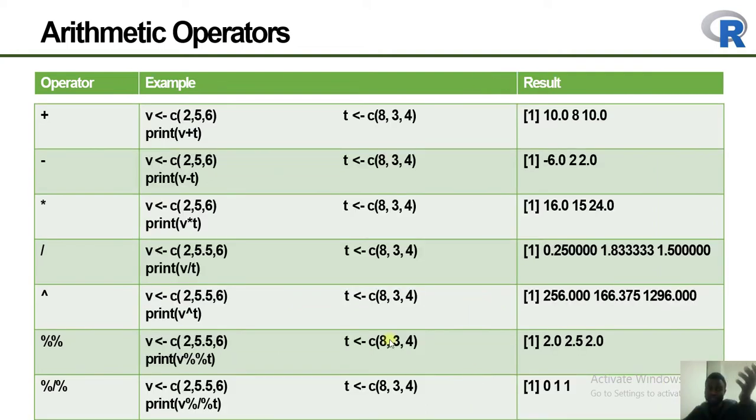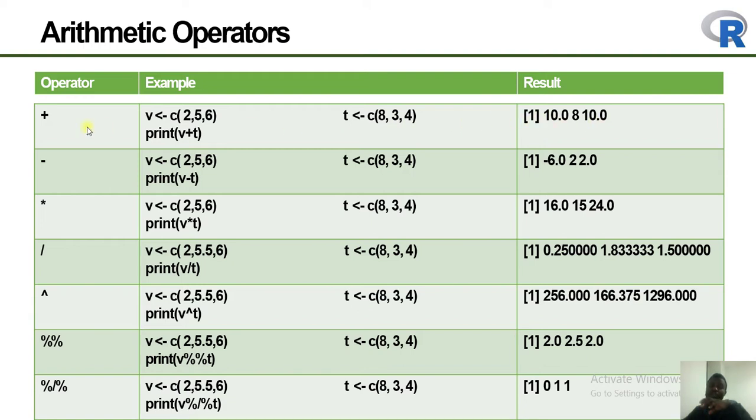These are examples which we would see in the practical section, where I created a vector and I have another vector, and then I perform what I call a column-wise addition. So this is 2 plus 8 giving us 10, 5 plus 3 giving us 8, and then 6 plus 4 giving us 10.